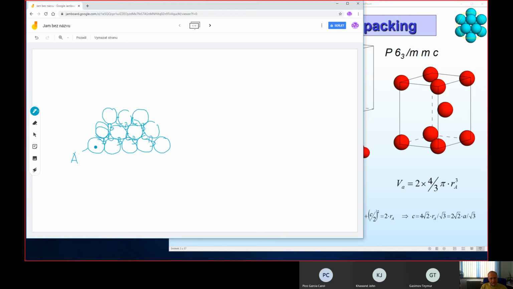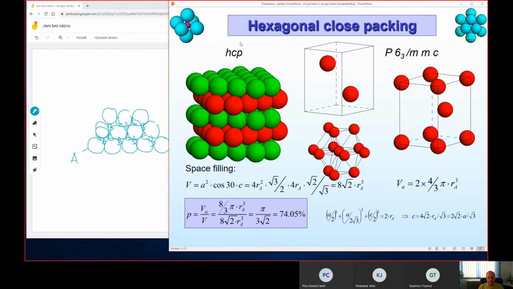And so if the first layer is referred to as A, then let's say we put the second layer in the B position. Now the question is where to put the third layer and continue in a three-dimensional pattern. The so-called hexagonal close packing is based on the AB pattern.